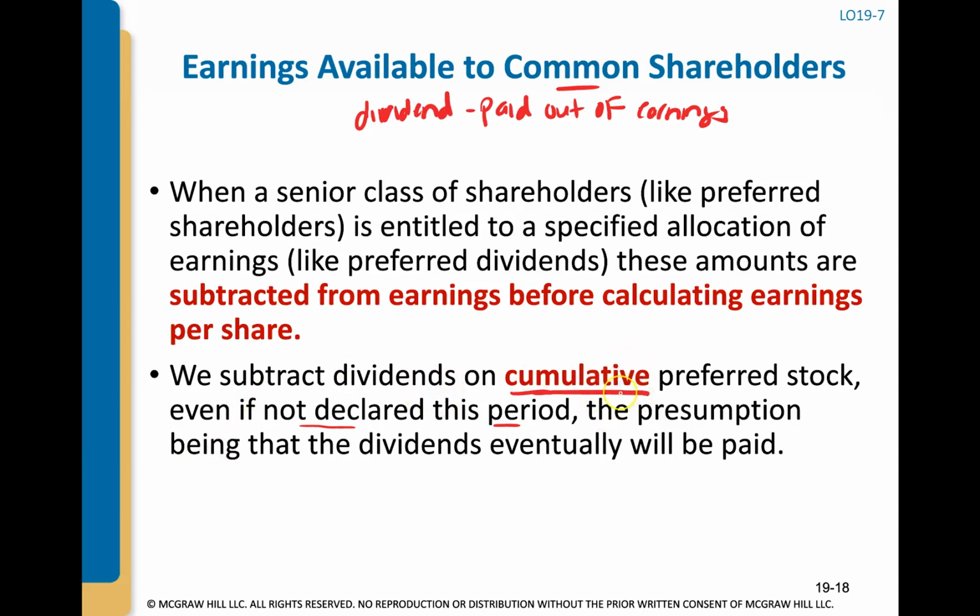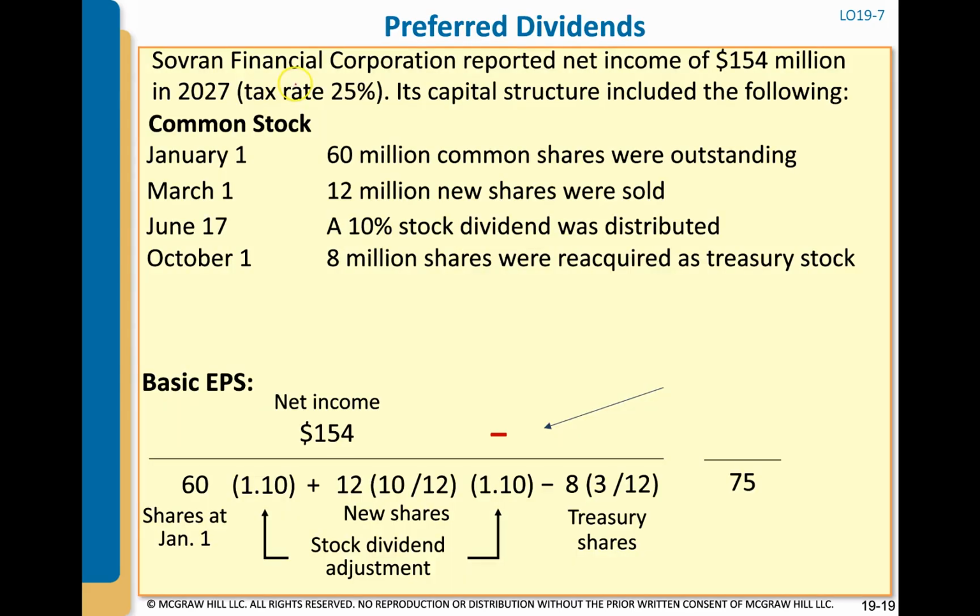So if a company has cumulative preferred stock shareholders, we have to, from the earnings available to common shareholders, remove some of those earnings or the dividend amount from that numerator number, because this numerator is only available to common shareholders for earnings per share calculations.